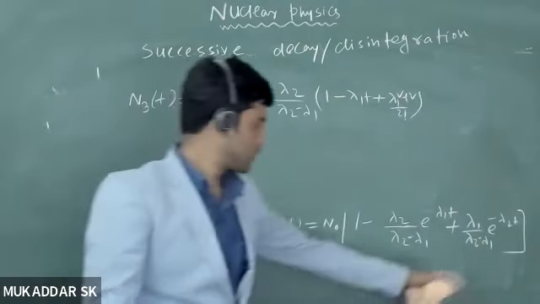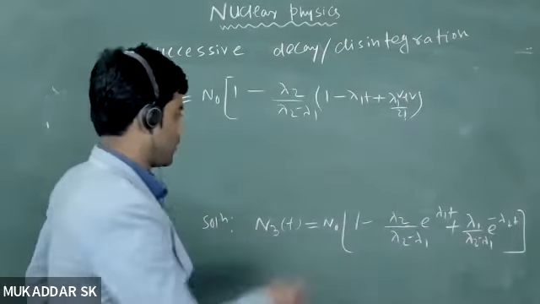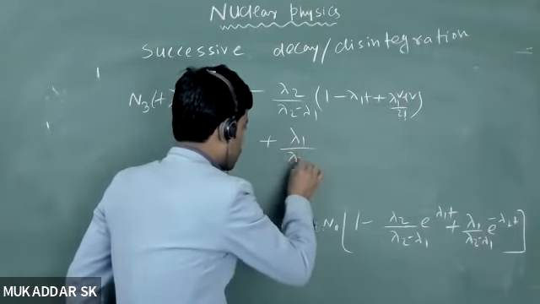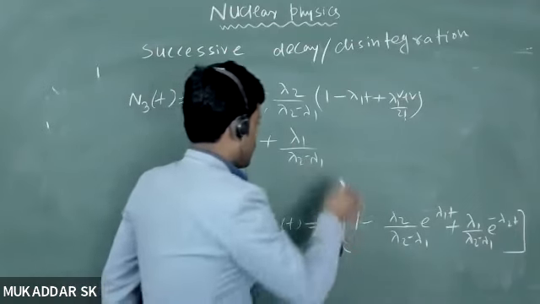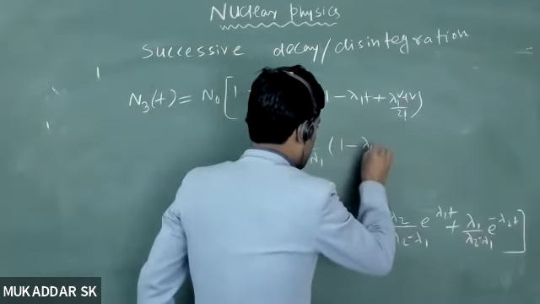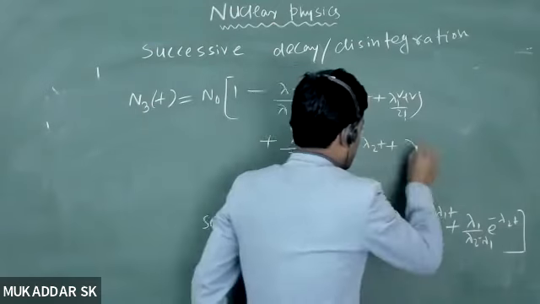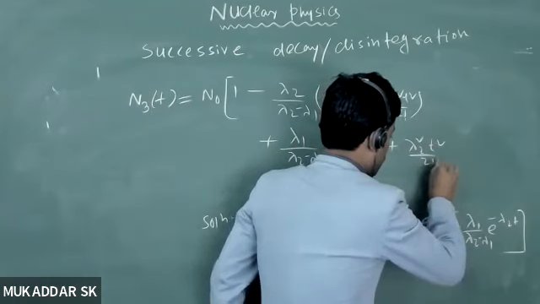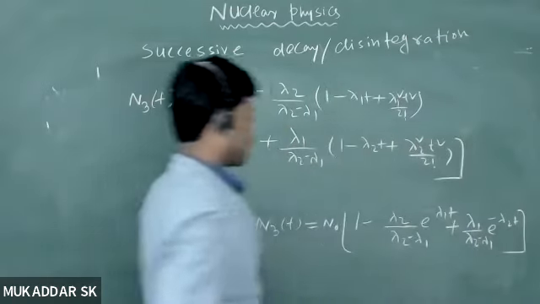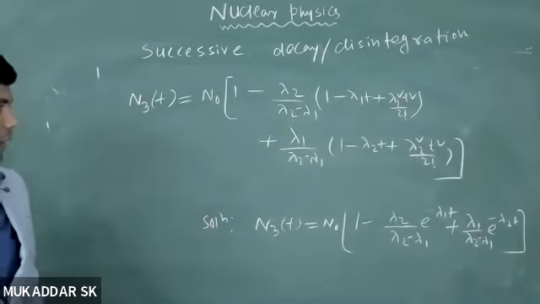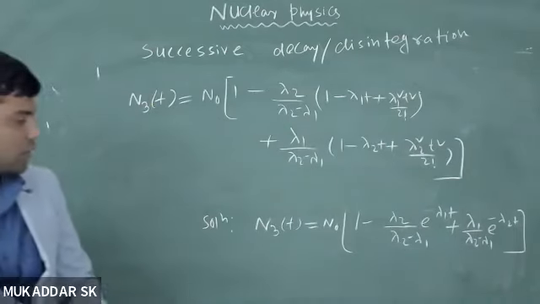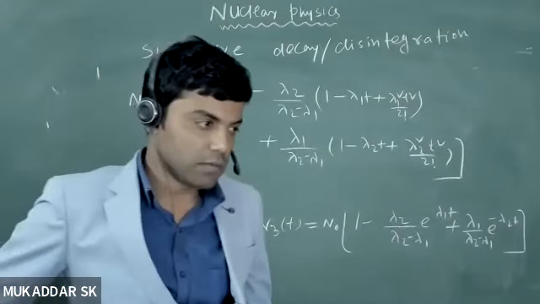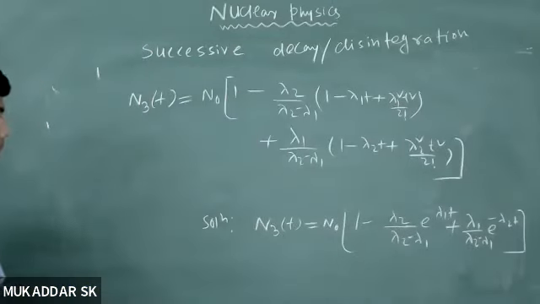Similarly, I'll expand this also: lambda 1 divided by lambda 2 minus lambda 1, and expanding, 1 minus lambda 2 t plus lambda 2 square t square by factorial 2. This kind of approximation you have done when we calculated the heat capacity of solids.